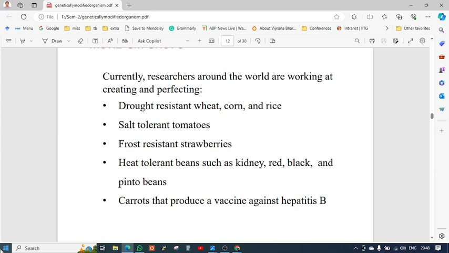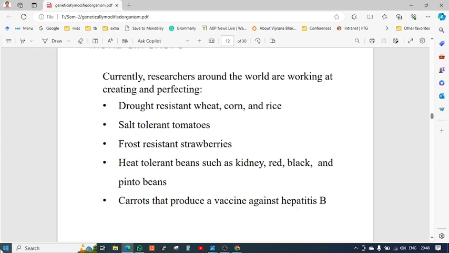They can also survive at low water levels. Salt tolerant tomato: if the soil contains salt, tomato does not grow in that type of soil, but it is also genetically modified in order to grow in salty soil.